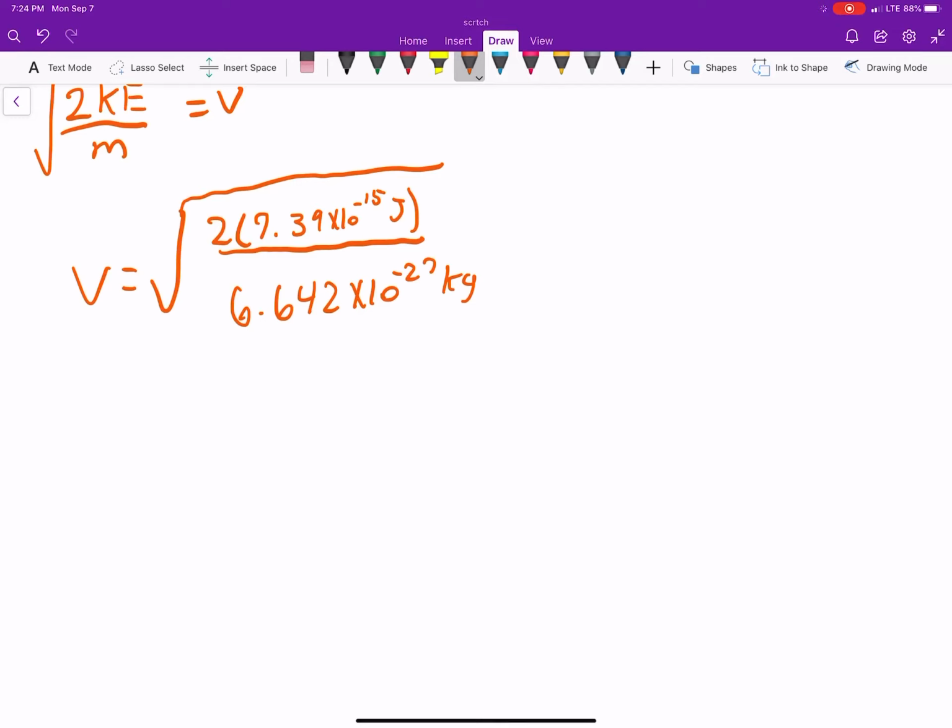And I'm sorry if I said something wrong, like a lot of times I'll say one thing and I'll write out something else. That happens a lot, actually. So I end up getting velocity is 1491721.611 meters per second, or let's see, 1, 2, 3, 4, 5.